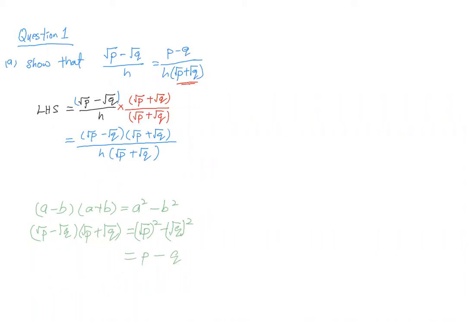So whenever you have this, it's good that you memorize it by heart so that you don't have to go through all these steps. You straight away can write (P minus Q) over (h times (square root of P plus square root of Q)). So this is a skill. Are you clear?